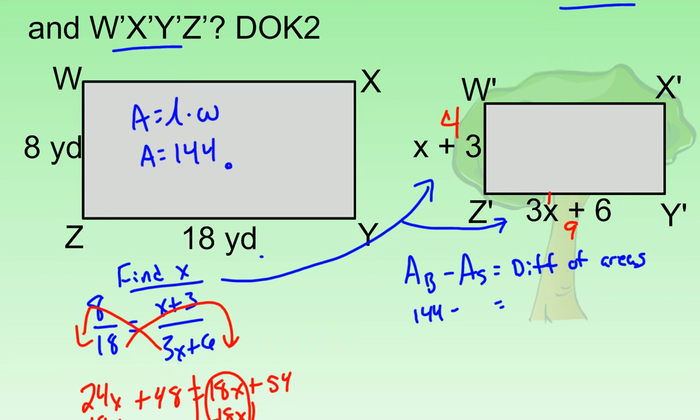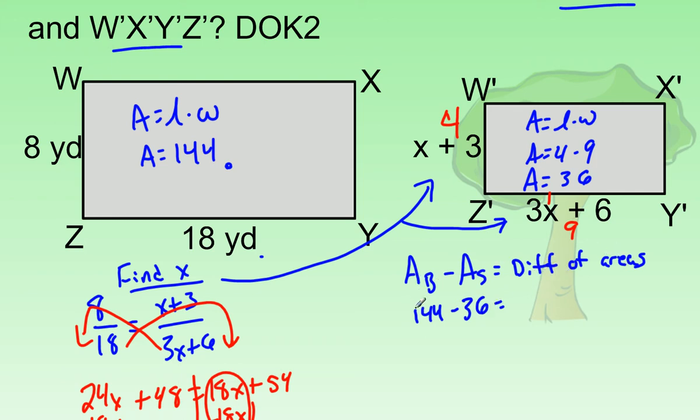So the area of that rectangle is now area equals length times width. 4 times 9 is 36. So I found the x to plug it in because I needed to find the area of the small shape. The area of the small one is 36. Finally, we can find the difference of the areas.